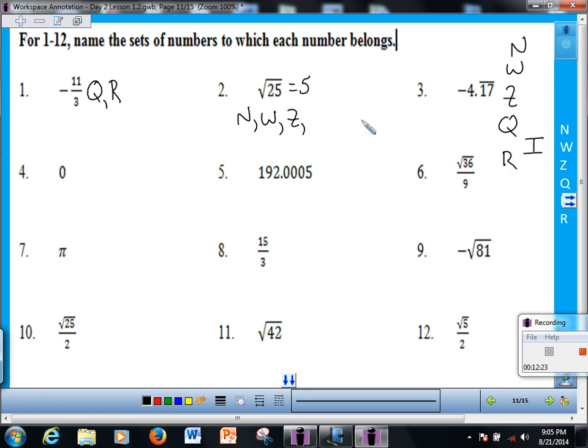If it's an integer, it's also a rational, because I could write 5 as 5 over 1, 10 over 2, 15 over 3, and it's a real number. Notice that the irrational is not used if the Q is used. Number 3, here's a repeating decimal. These guys right here can't have decimals, so they're out. So this would be a rational number and a real number. So there's where we're at so far.